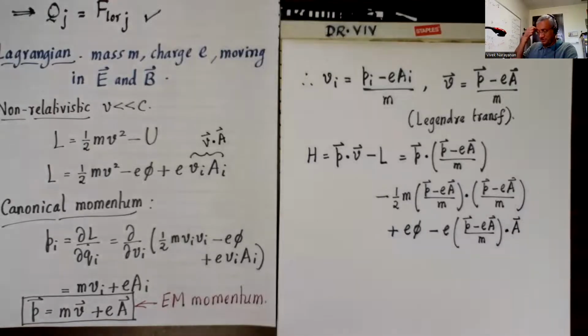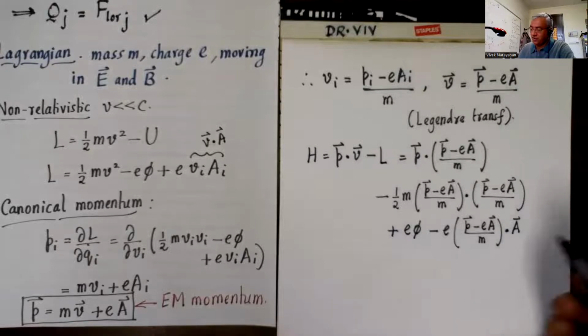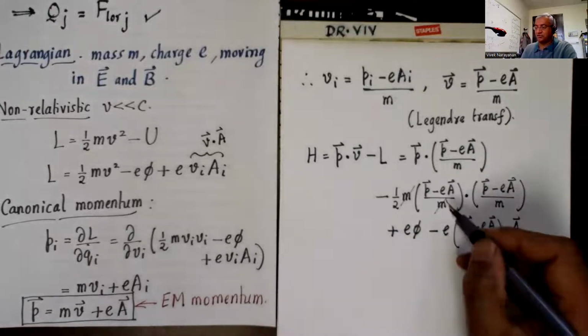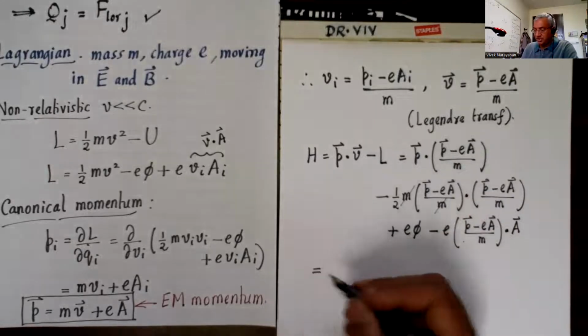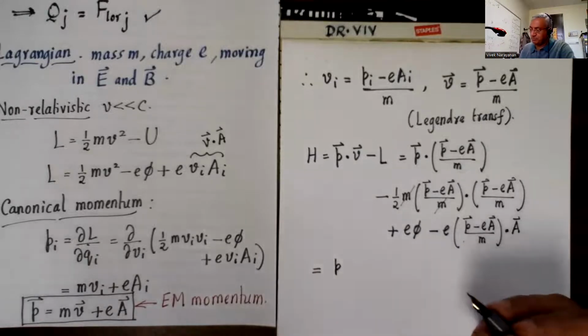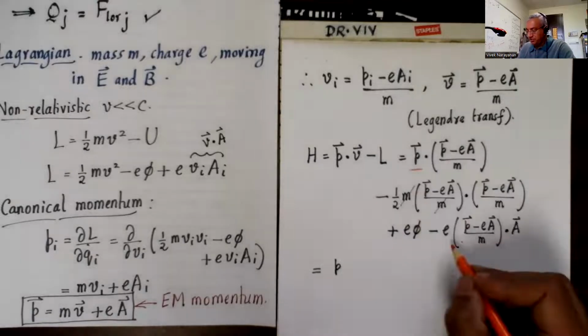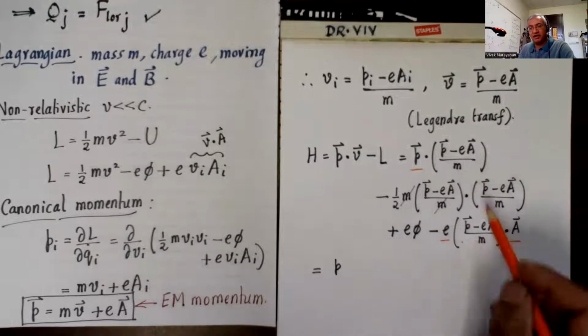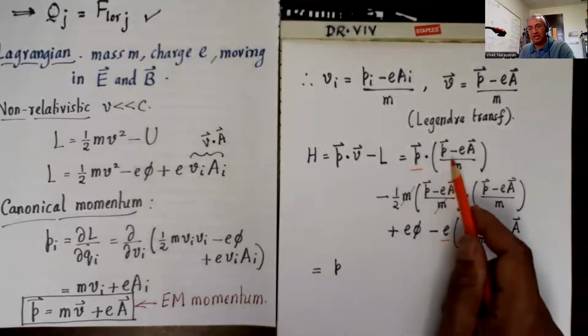So this is not very difficult. You'll notice that you're going to get many terms. One of the m factors will cancel out here. So that's going to give you 4 terms. That's going to give you 2 terms. So let's actually look at all the terms that come. I get p dot p. Actually, you know what? When I look at this term and this term, they can be combined because I can write this as p minus eA times that.